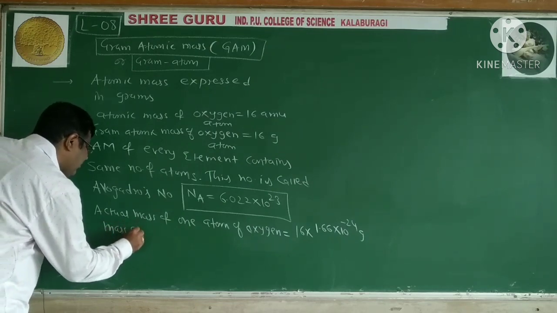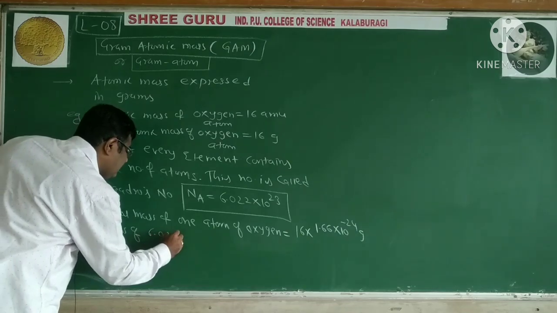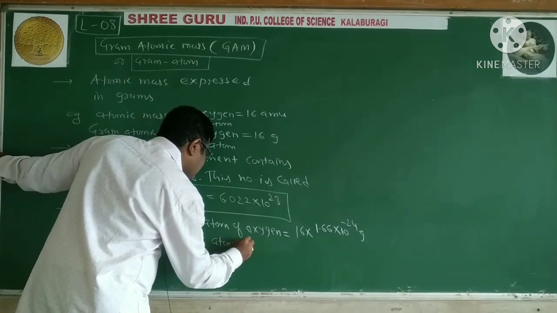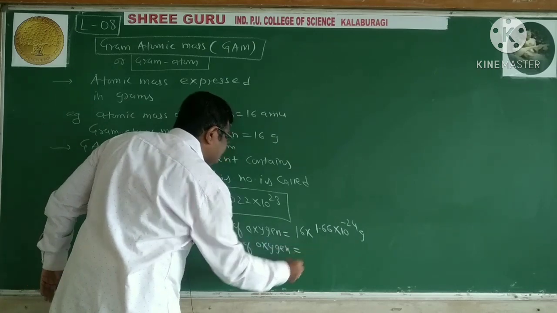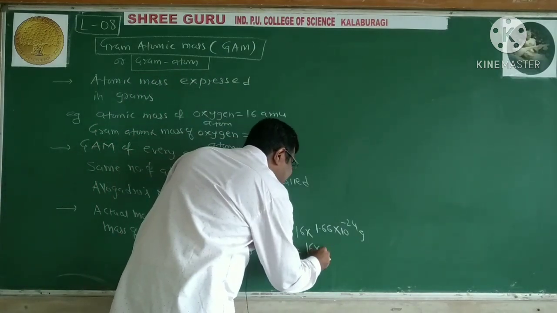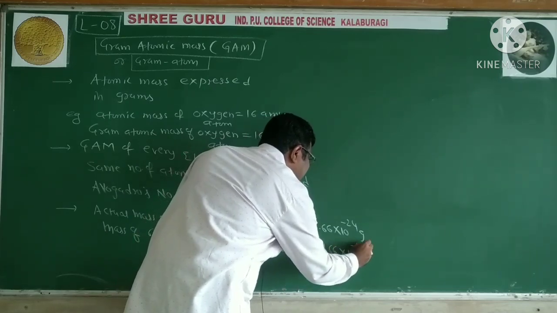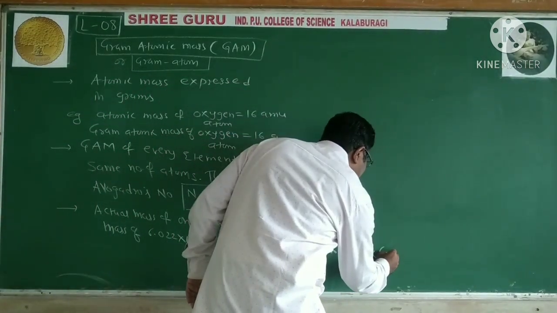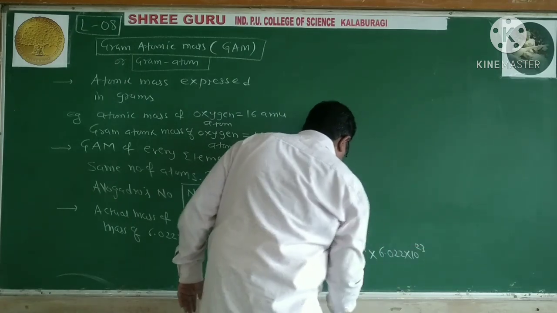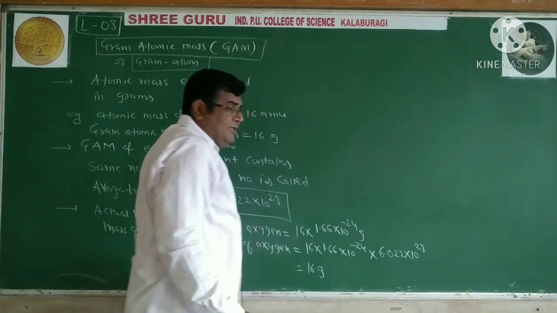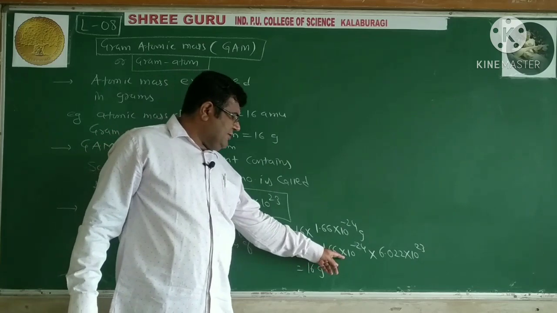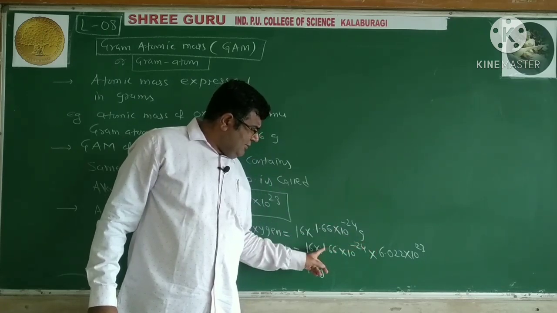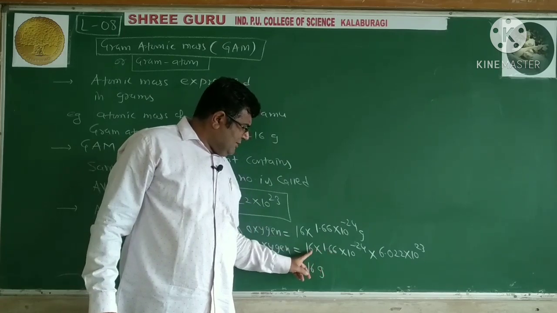Now we'll say mass of this many number of atoms, 6.022 into 10 raised to 23 atoms of oxygen is equal to, for one atom we have 16 into 1.66 into 10 raised to minus 24, and for Avogadro number of atoms we have to multiply by Avogadro, and that happens to be 16 gram, because 1.66 into 10 raised to minus 24 multiplied by 6.022 into 10 raised to 23 appears to be 1, and that 16 gram will remain as it is.